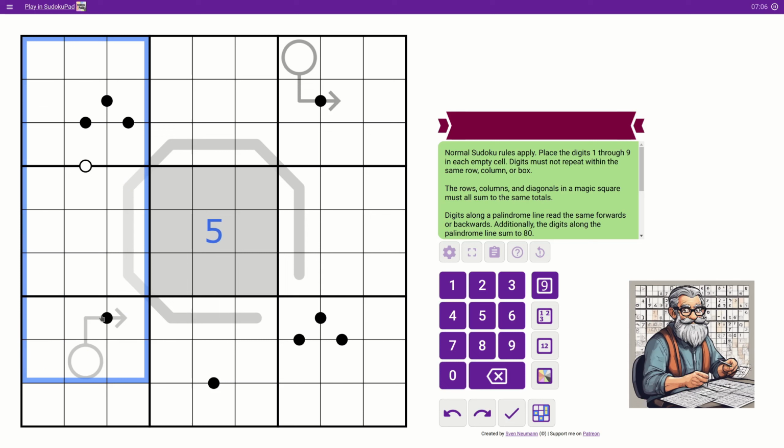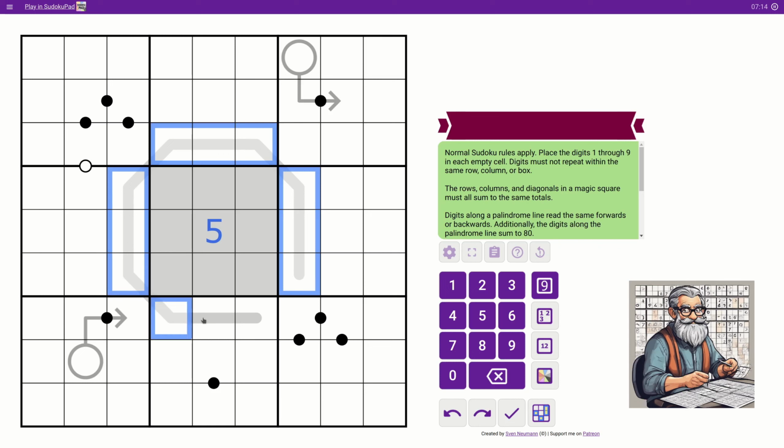Let's look somewhere else and see if we can do something about it. This has to be 80, and there are 12 on it. 12, but they can, of course, repeat. That goes without saying.